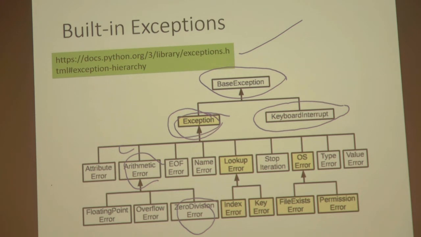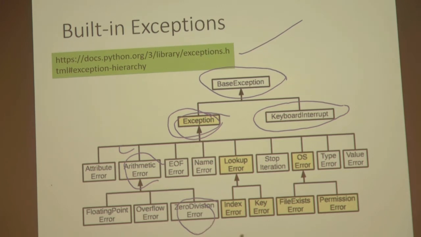This is just a sample of the exceptions. For example, in the exception, how many sub-exceptions do we have? 1, 2, 3, 4, 5, 6, 7, 8, 9. We have lookup error. In the lookup error, you could have index error or key error. How about the files?